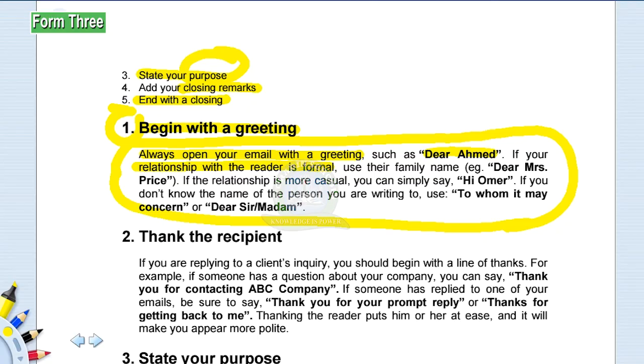So if you have a formal relationship, use the word dear. But if you have an informal relationship, you can say hi, hello, whatever. You can use any word you want. It depends on your choice of words. But if it's formal, don't forget to use the word dear.